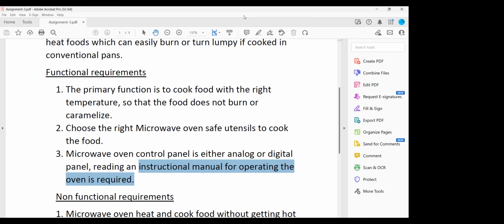Performance is a good one. It doesn't matter which company it belongs to. The safe utensils, if they are not there, that also will be a disadvantage of using the microwave.